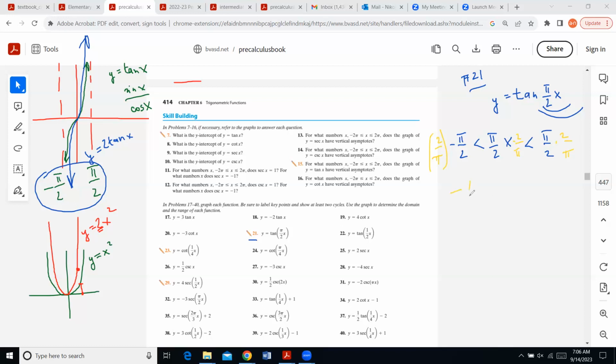So on the left side, I get -1. And then we have x in the center. And we have also number 1 on the right. And that's it. I'm ready to graph my function tangent, but now it's from -1 to +1 from the asymptotes perspective. So there I have one piece that goes up, the other piece that goes down.